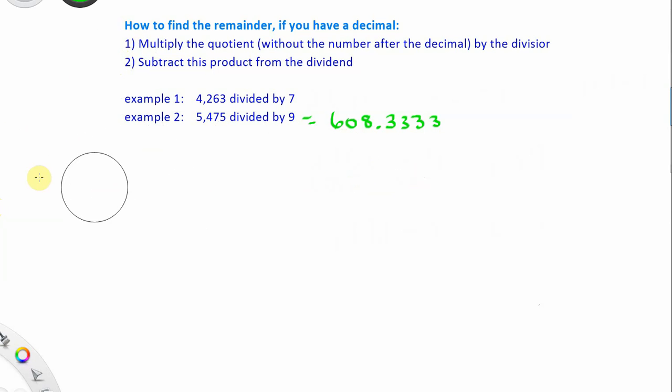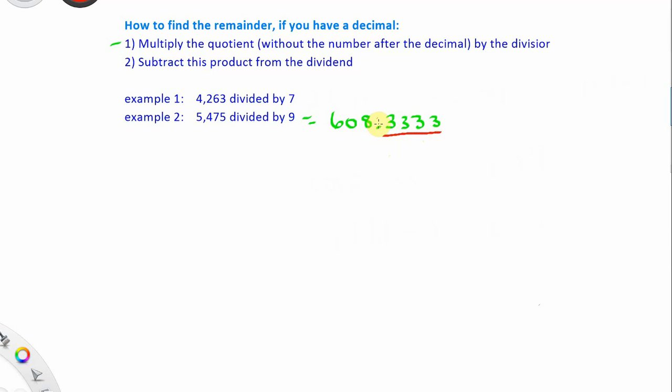Well, there's 2 steps that I need to do. So if you look up here, our first step, it says to multiply the quotient without the number after the decimal by the divisor. And so the number after the decimal is this decimal 3.